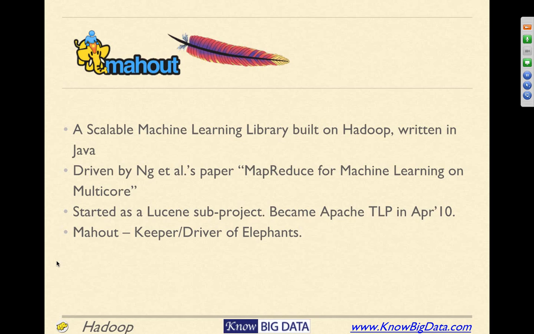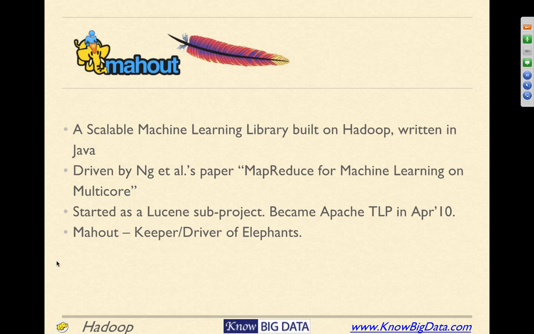Therefore lots of things cannot be done using R when it comes to big data, and that's where libraries like Mahout, MLlib, the one we discussed yesterday on top of Spark, or SparkR, which is R ported onto Spark, come into picture.